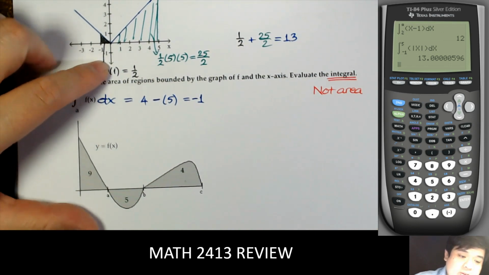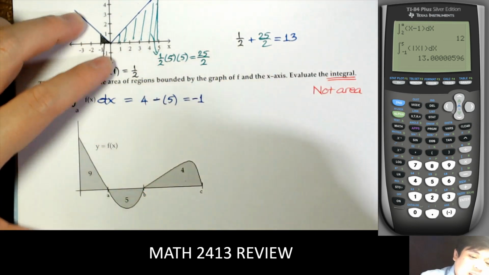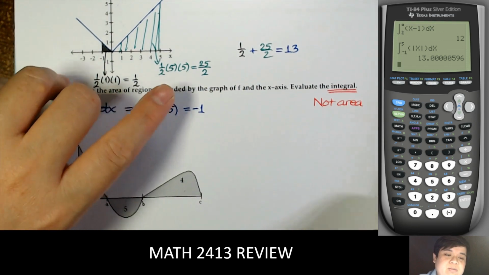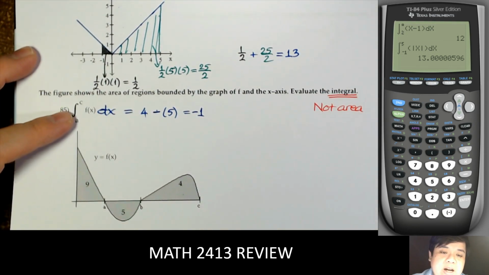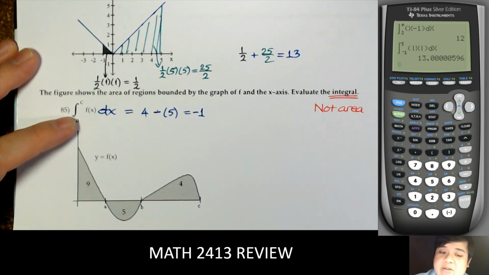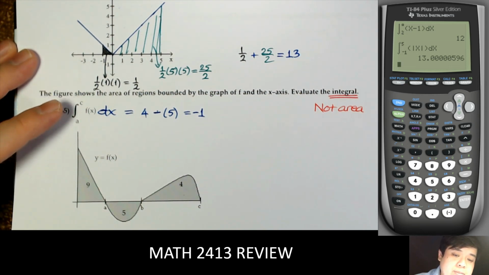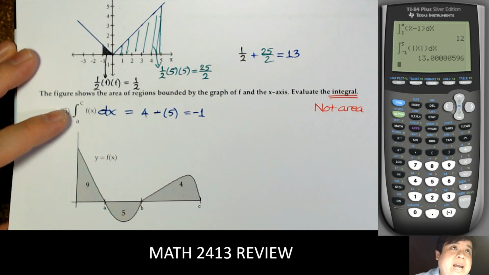So 4 and -5, or 4 minus 5, is going to be -1. Again, the integral can take negative values. The area cannot be negative.